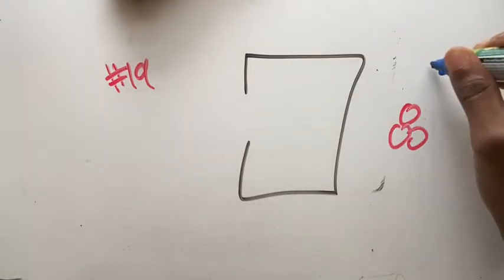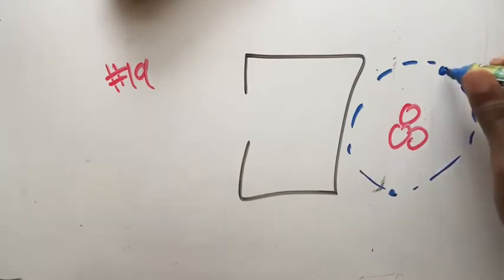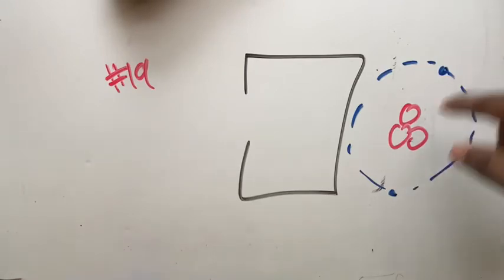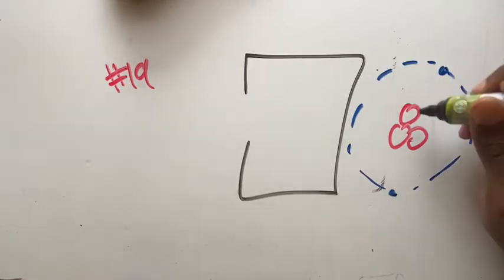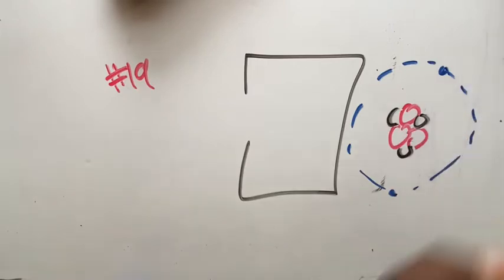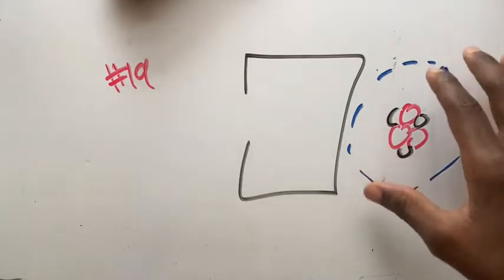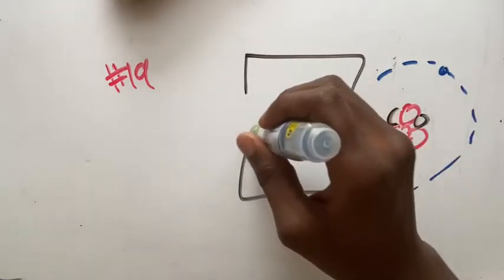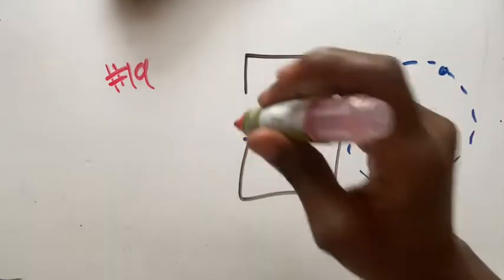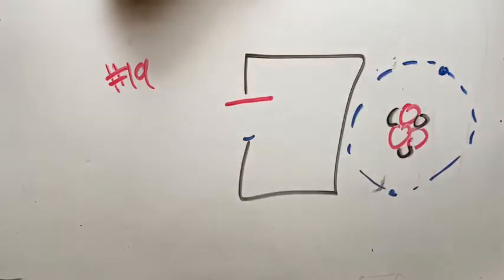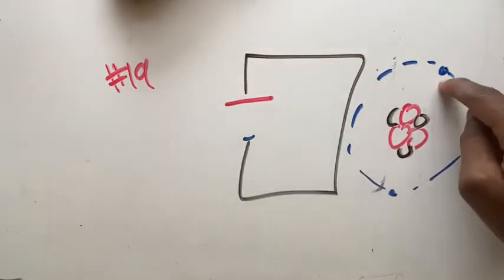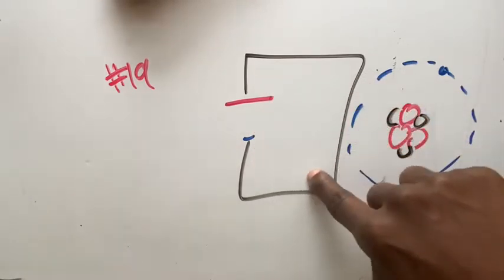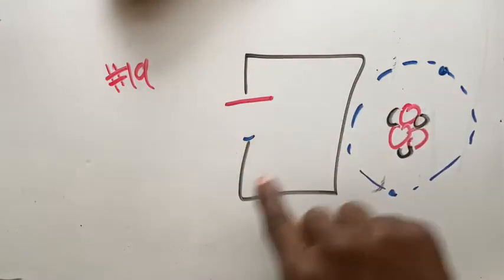So if this is our atom over here, these protons in the nucleus are not moving, but the electrons out here are being shared. Those can move around. So imagine we have a whole bunch of these atoms inside of this wire. And then once we put a potential difference or connect a battery to it, the electrons are free to move. Basically, the electrons are going to be pushed away from the bottom end, right? And then kind of go around.